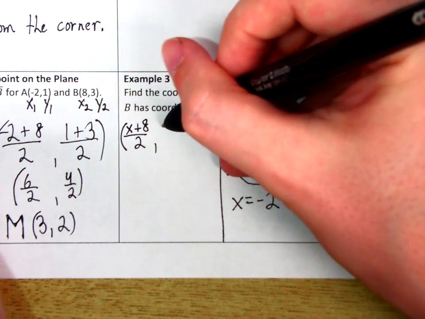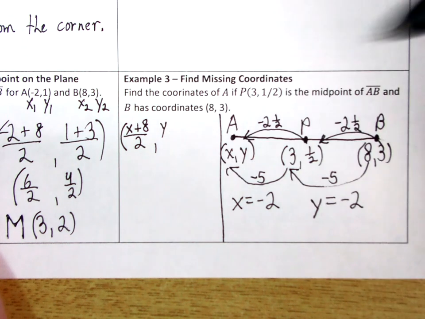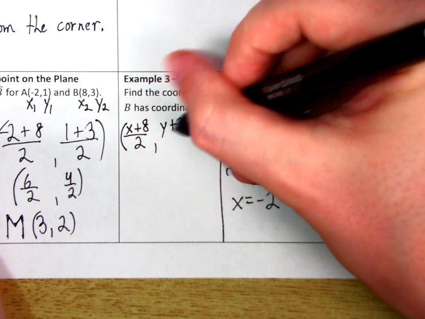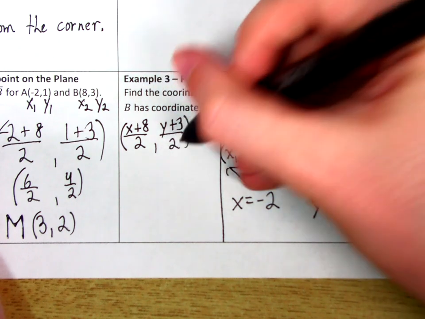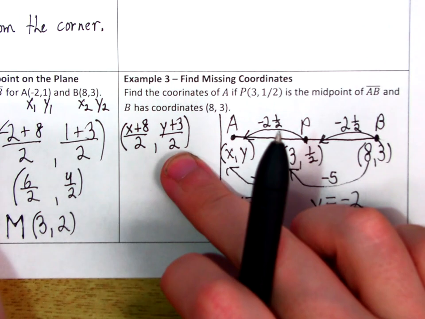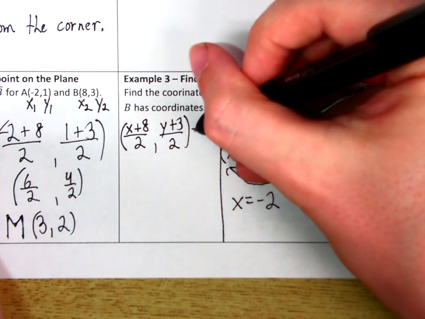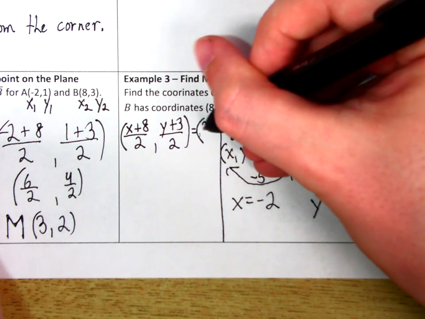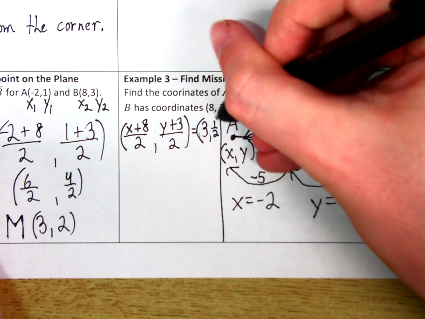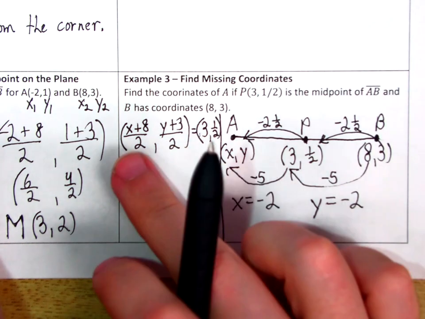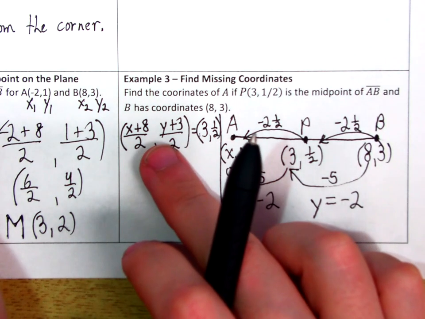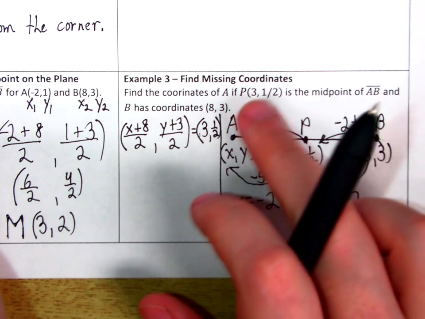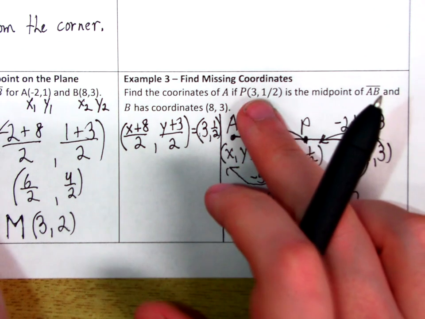We don't know A's y, so we're going to say y plus 3 over 2. That coordinate that we have here should be the same as our (3, 1/2). Because if we have the midpoint formula here, it should be the midpoint, which is (3, 1/2).